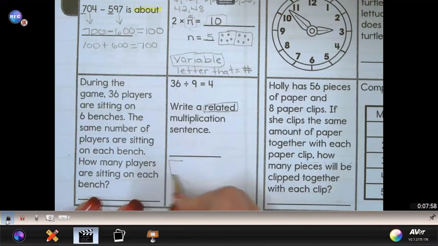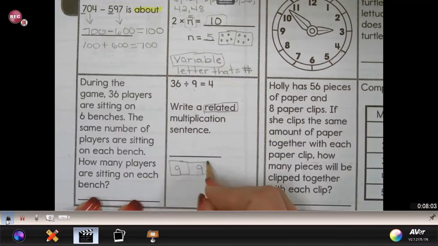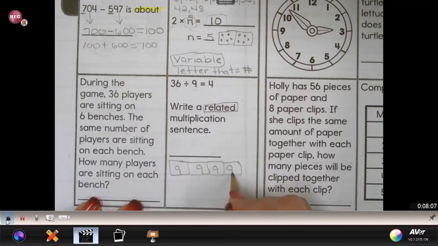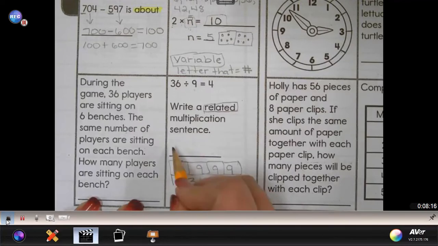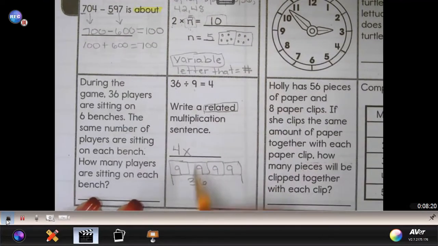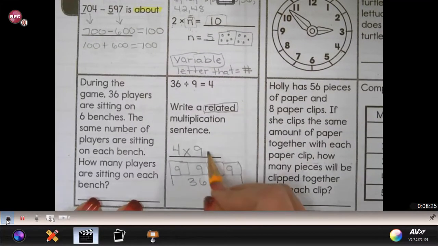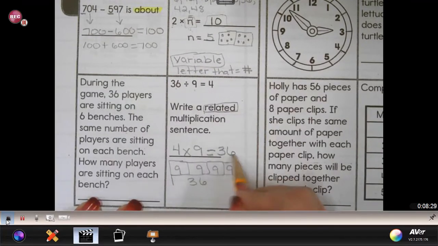So what that tells me is I have 9 and 9 and 9 and 9. And you will notice that when we add these all together, that gives us 36. Well, I can see that this could be a multiplication fact because I have 4 groups. I have 9 objects in each group, and my total, if I add all these groups of 9 up, is going to give me 36.